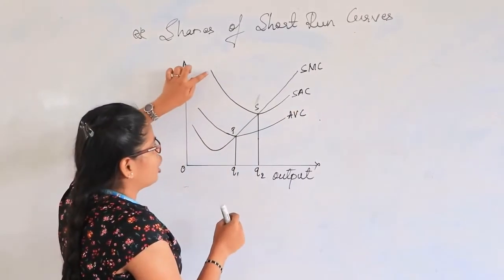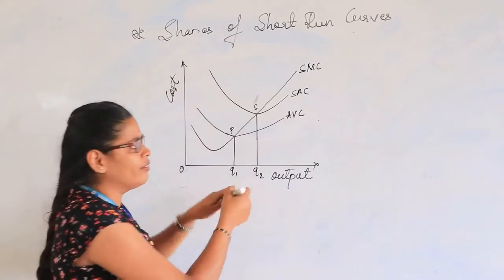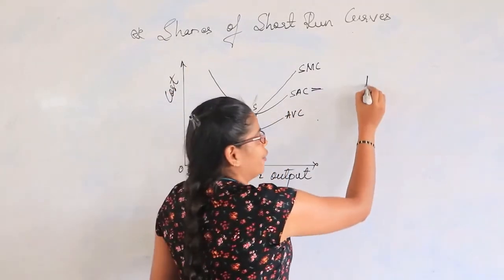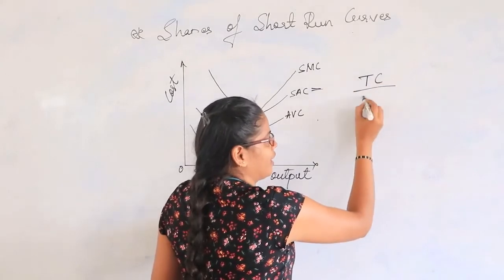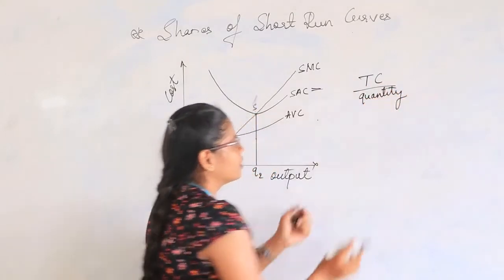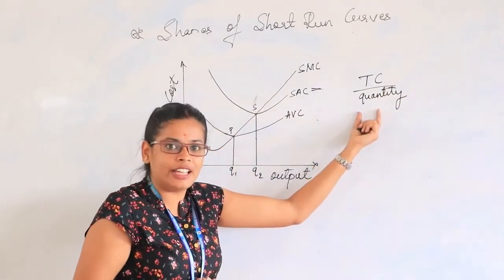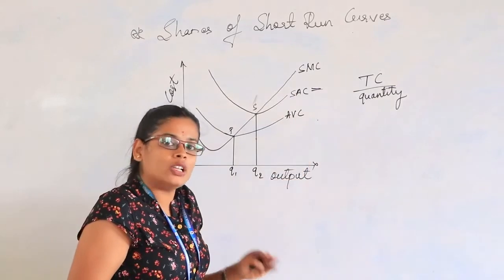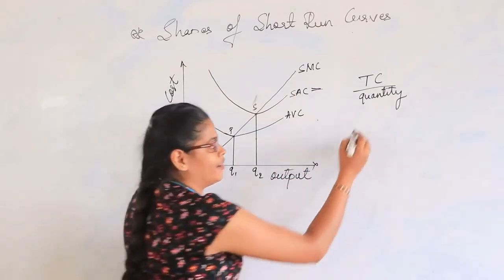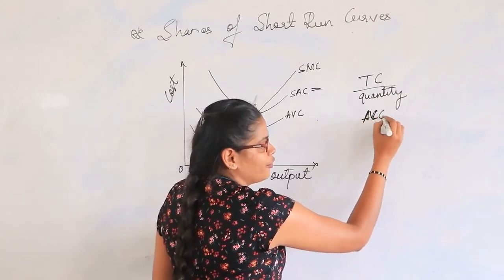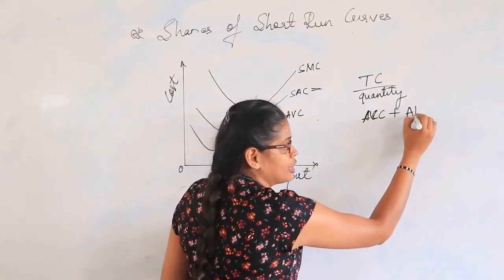Similarly, in the short run average cost, how are we supposed to get it? We get it from the total cost divided by the quantity. This is one method wherein we get the average cost. And there is one more method wherein we add AVC, the average variable cost, plus the average fixed cost.